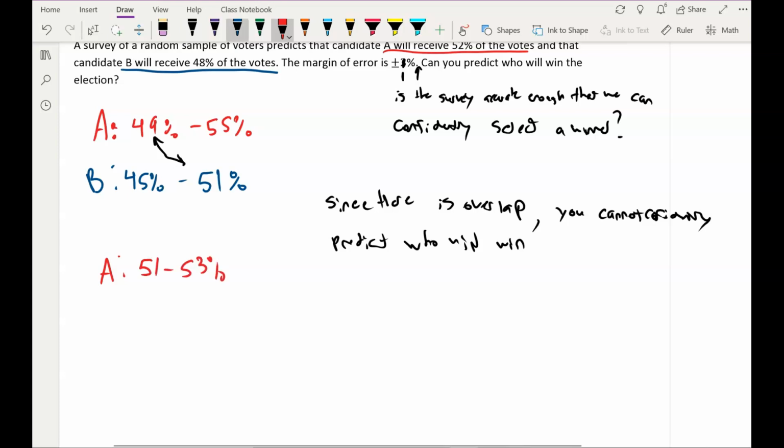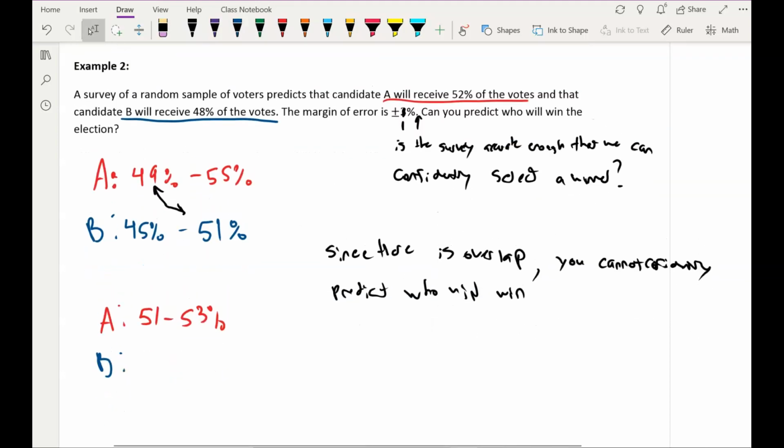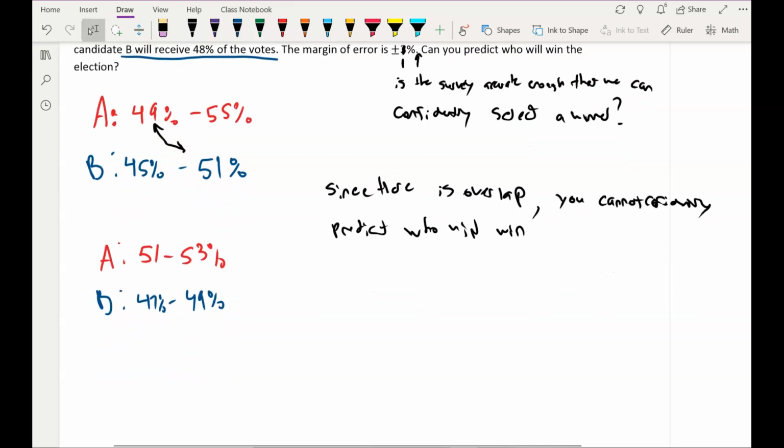They're still getting a majority of the votes. And B would fluctuate, well, we'd start at 48, and that would be somewhere from 47% all the way up to 49%. Okay? There is no overlap here. There's nowhere where B could have a percentage of voters that A could have. A is always going to be greater.